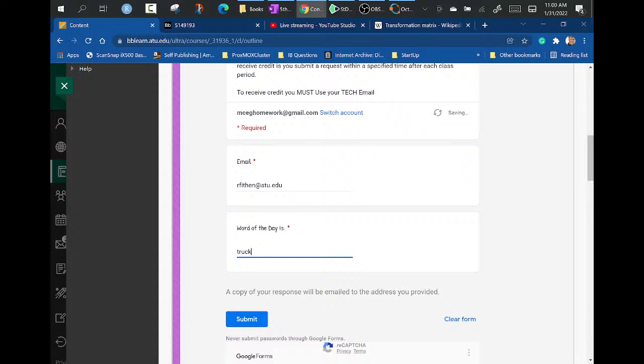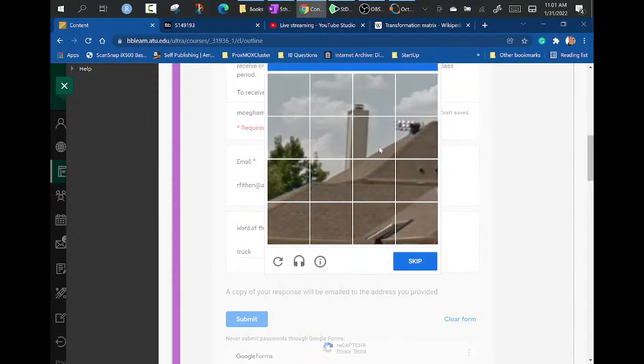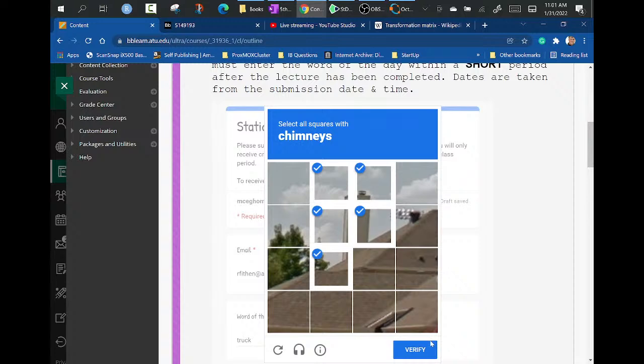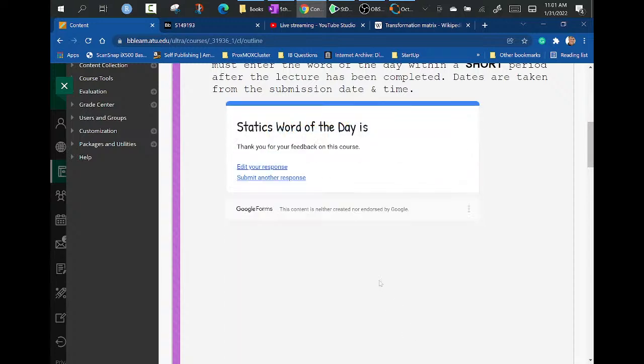Truck. There you go. That's the word. Oh no. What do I got to do? Chimney. Let's see if it verifies. It's going to tell me. Oh, okay.